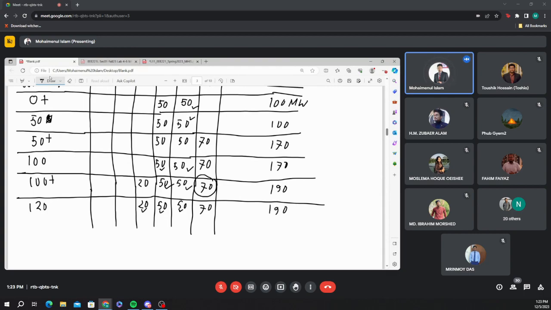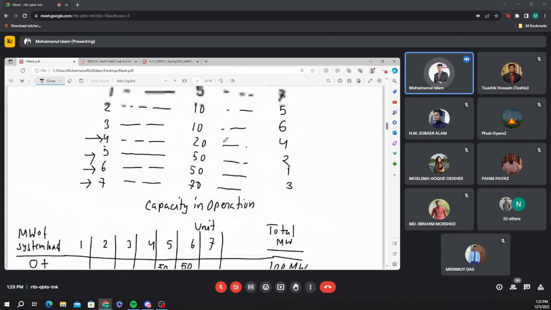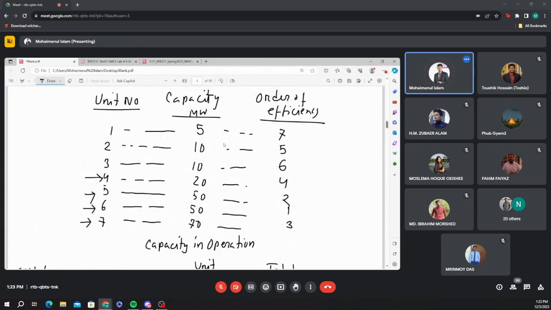The value is similar. But if you consider more than 120, 130, 135, suppose 130, what should the value be? You see, if it reaches 130, you have another 10 megawatt generating unit, the fifth efficient 10 megawatt unit.